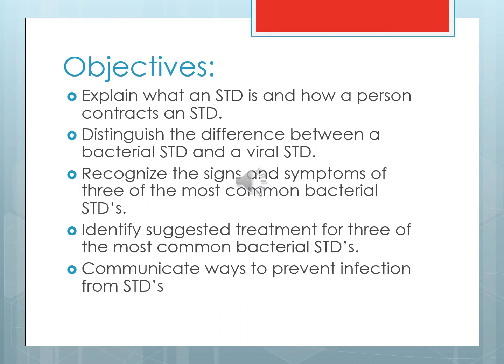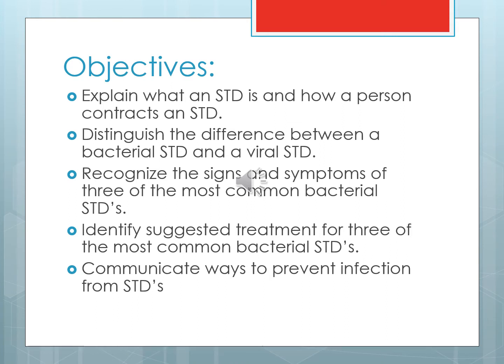So now that you've completed your pretest, we're going to talk about the objectives of today's presentation. At the conclusion of our time today, you should be able to explain what an STD is and how a person contracts an STD. You should also be able to distinguish the difference between a bacterial STD and a viral STD.